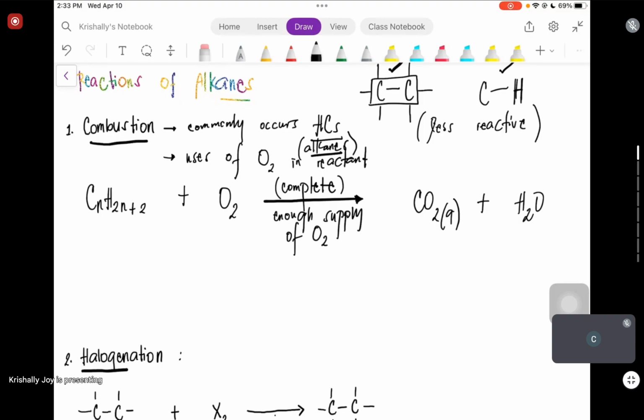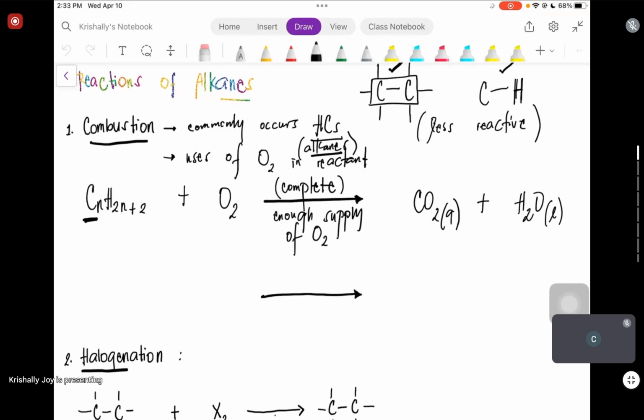So a gas and an aqueous solution, a liquid water. So yan yung products kapag complete combustion. All the carbons in the compound are combusted, they are burned, because sufficient yung supply ng oxygen being reacted to it.